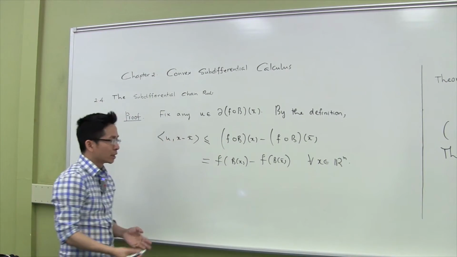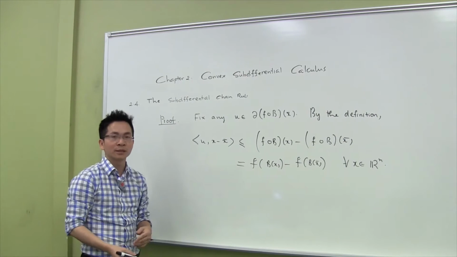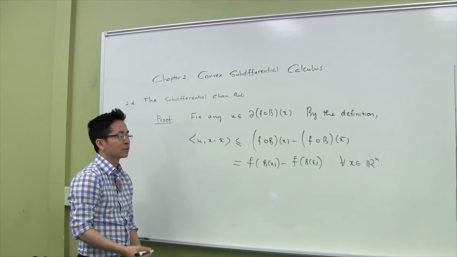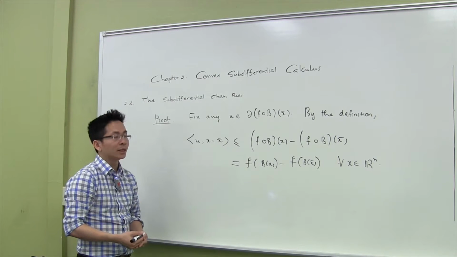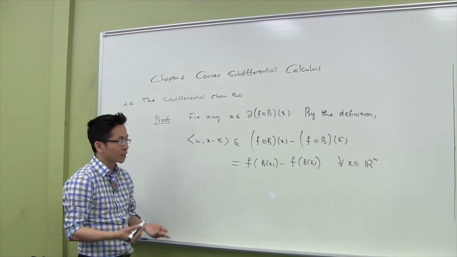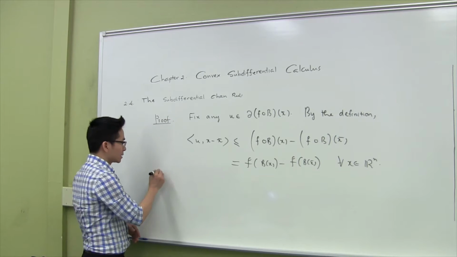Okay, in order to show that u belongs to the right hand side of the formula, we are going to use a geometric approach. In order to accomplish that, we define the following sets.